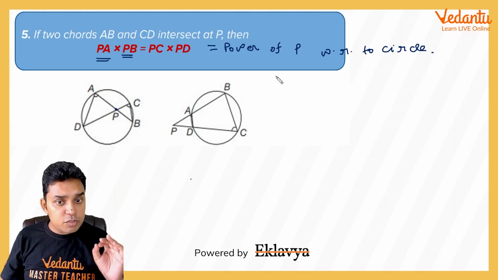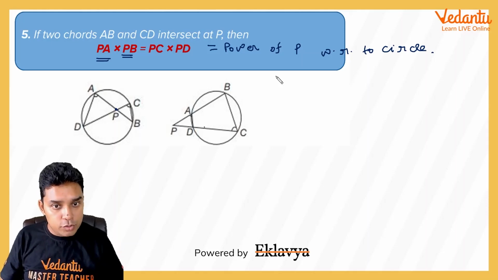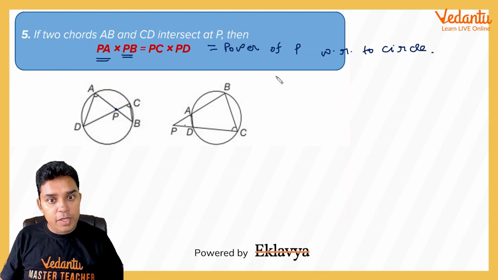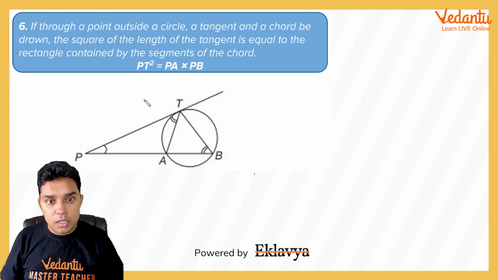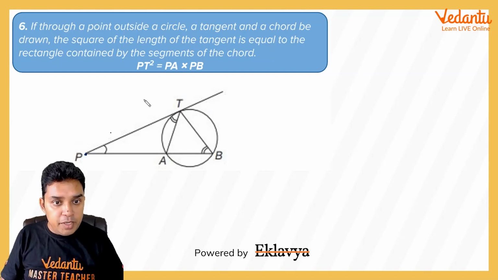In fact, this point P may be lying outside also. So if from P you draw two chords AB and DC, then also PA into PB will be equal to PD into PC. There is one more way to look at the same property: if point P is lying outside and we draw a tangent PT and a chord AB, then PT square will be equal to PA into PB.